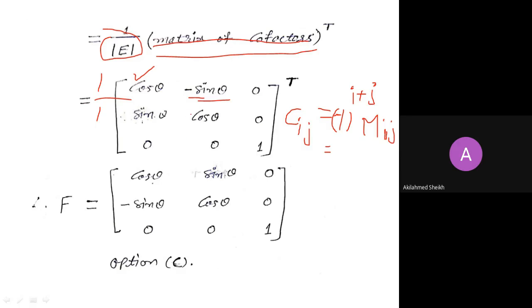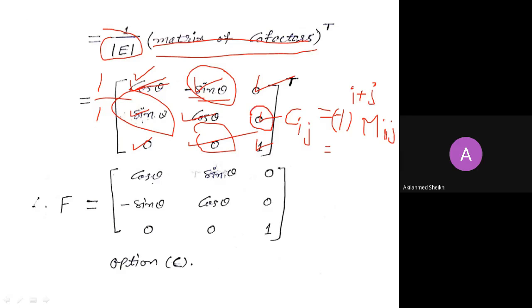Or simply, instead of finding minus 1 raised to the power i plus j, we can use the sign pattern: first element plus, next minus, plus, then minus, plus, minus, plus, minus, plus. This means multiplying these four elements by minus 1 gives us the cofactors.